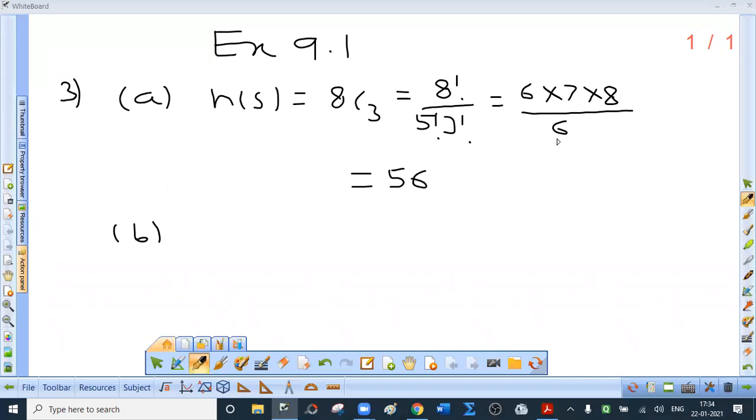Now B part, 5 letters are to be placed into 5 envelopes such that no envelope is empty. Okay, write down, I'll just dictate that part. Write down B. First letter can be placed in 5 ways. Second can be filled in 4 ways.